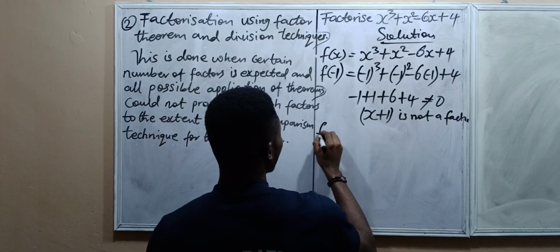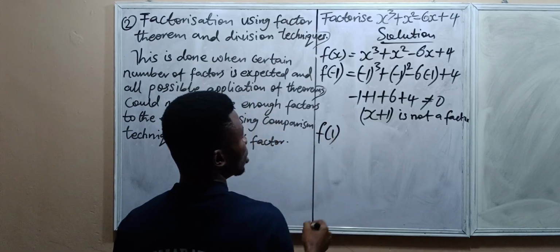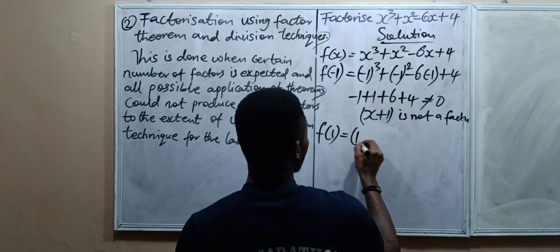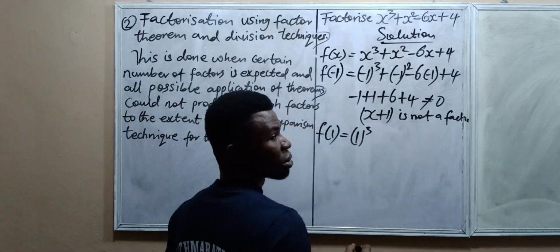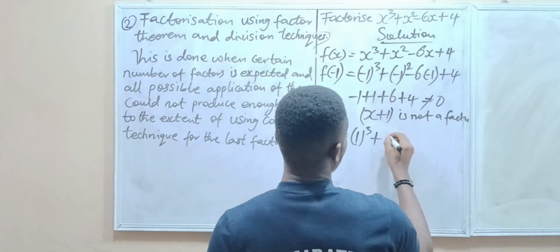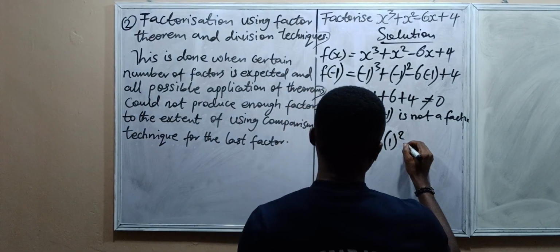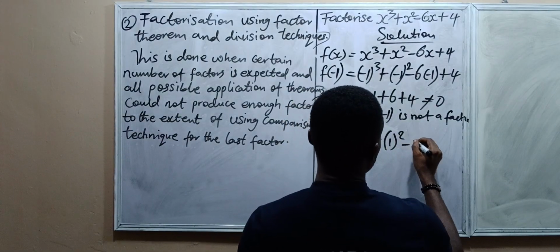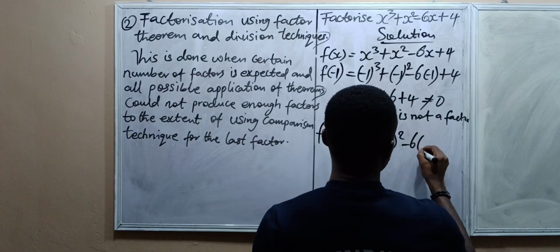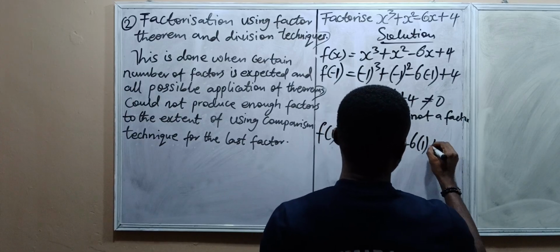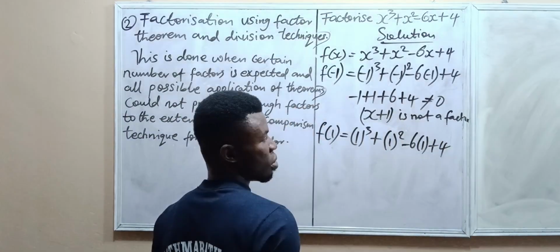So let's substitute f of 1. And this will give us 1 to the power 3 plus 1 to the power 2 minus 6 into 1 and then plus 4.